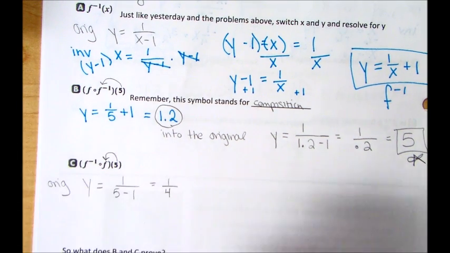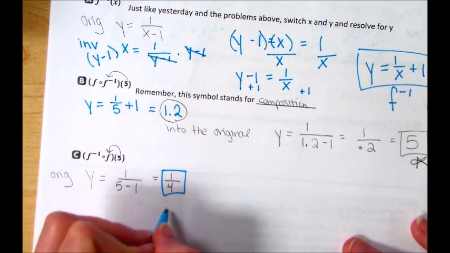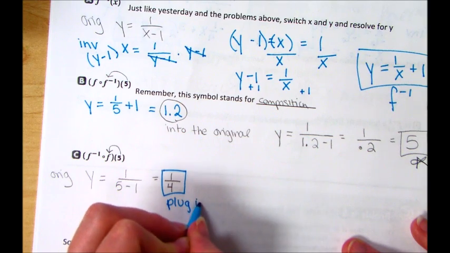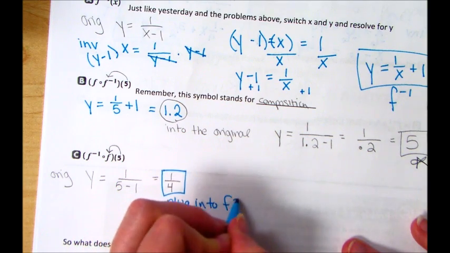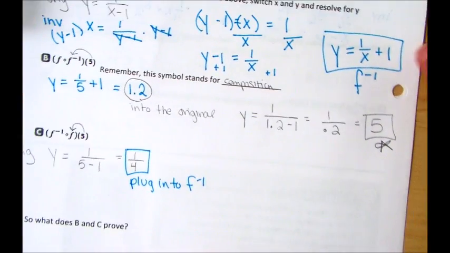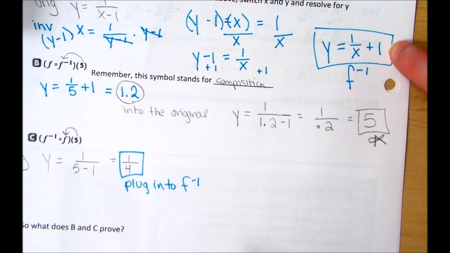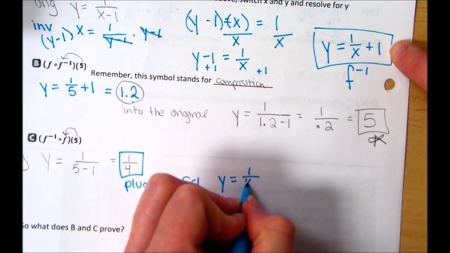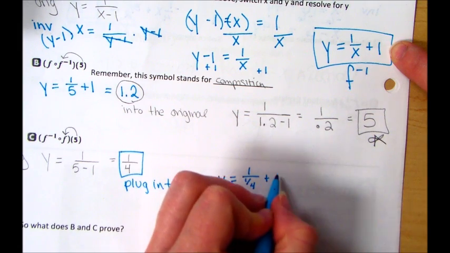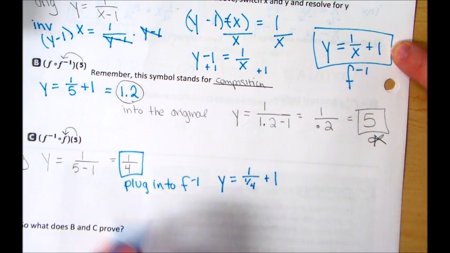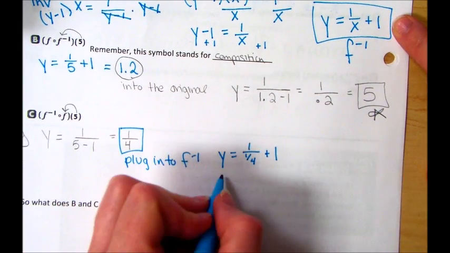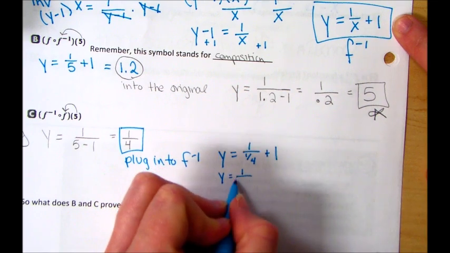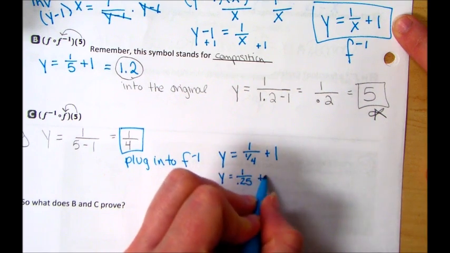Now they want us to take 1/4 and plug it into the inverse. So this equation here that I'm pointing at in the blue box. So y equals 1 over 1/4 plus 1. Well, if we want to kind of be lazy, why don't we just change it to 1 over 0.25 plus 1.